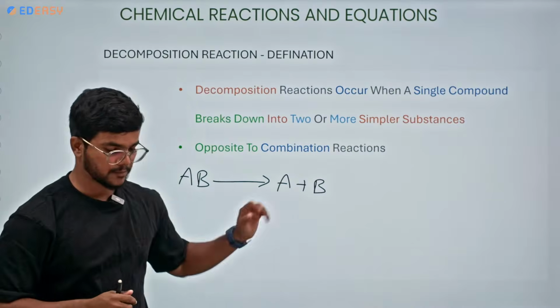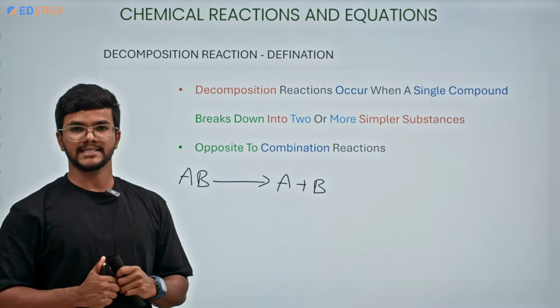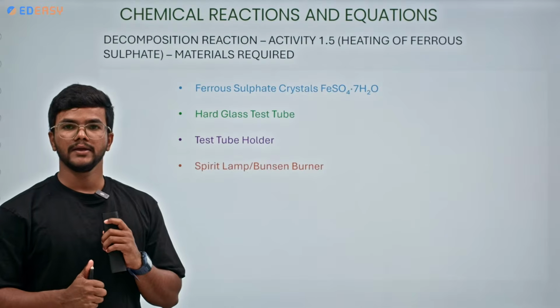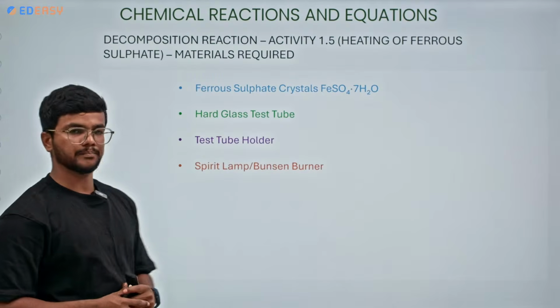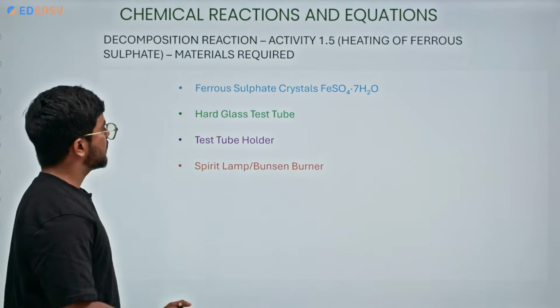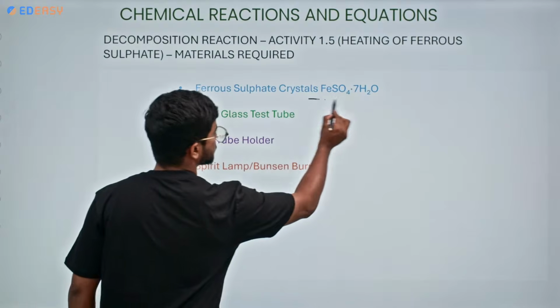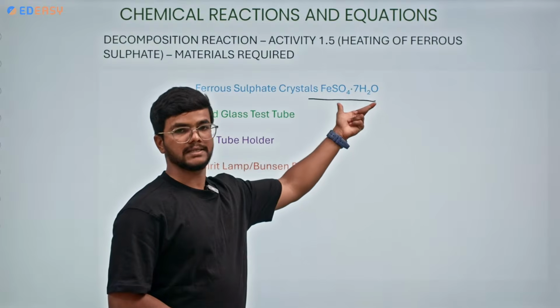Okay, decomposition. Let us understand decomposition with the textbook activities. Activity 1.5, heating of the ferrous sulfate. The material required is ferrous sulfate, FeSO4 plus 7H2O. This is the water in crystalline form.